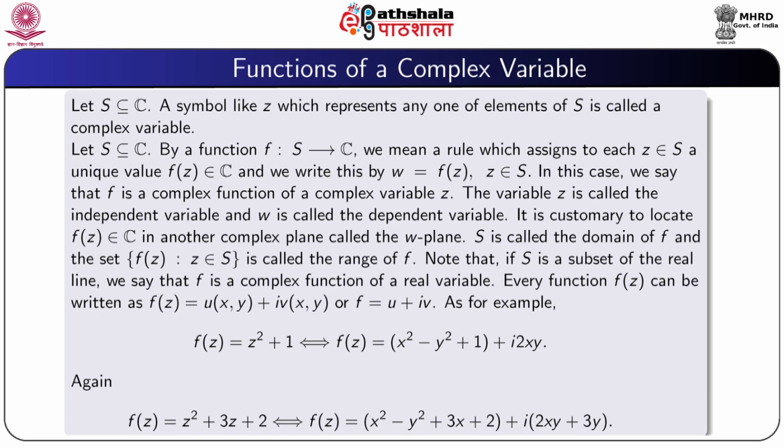Let S be a subset of C. By a function f from S to C, we mean a rule which assigns to each z belonging to S a unique value f of z belonging to C, and we write this as w equal to f of z, where z belongs to S. In this case, we say that f is a complex function of a complex variable z.